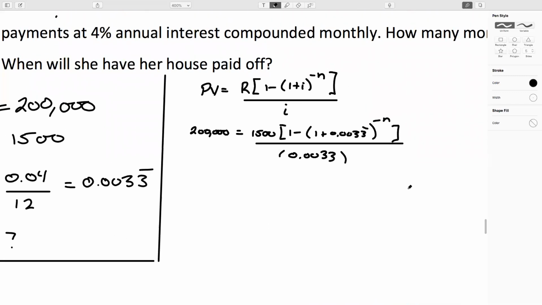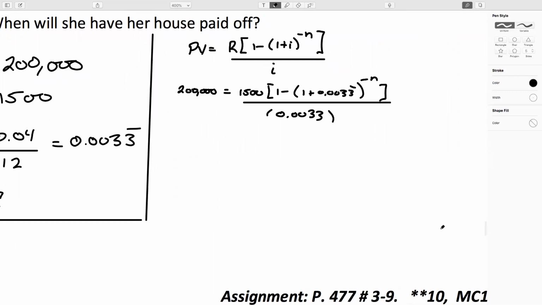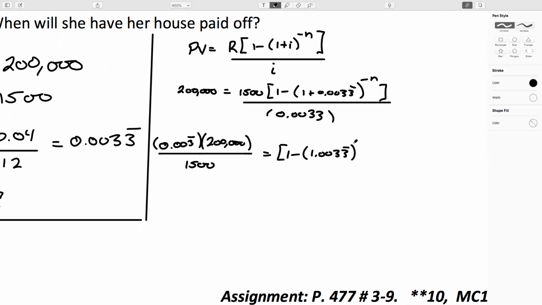All right, so now just like before, I'm going to multiply by the denominator and divide by 1,500. I'm going to do it in one shot though, just because I don't have a lot of space to work with here. So 0.0033 repeating times 200,000, all divided by 1,500, equals 1 minus 1.0033 repeating to the negative N. The left-hand side is going to become 4 over 9.